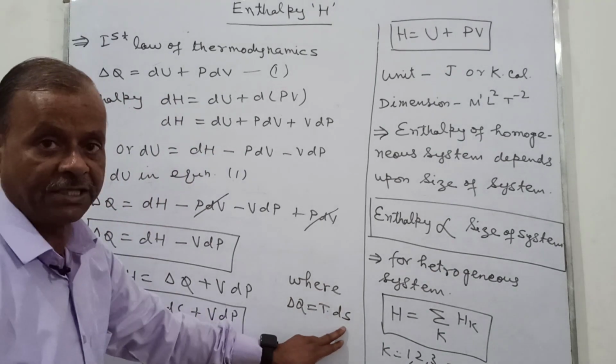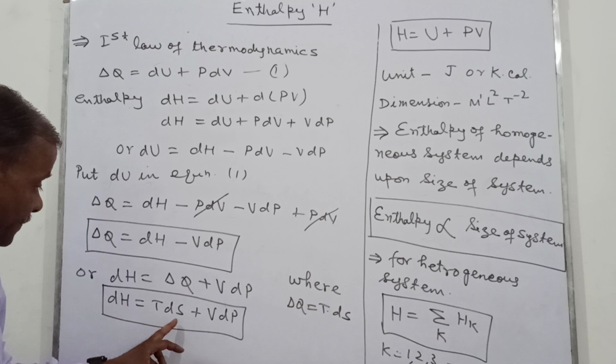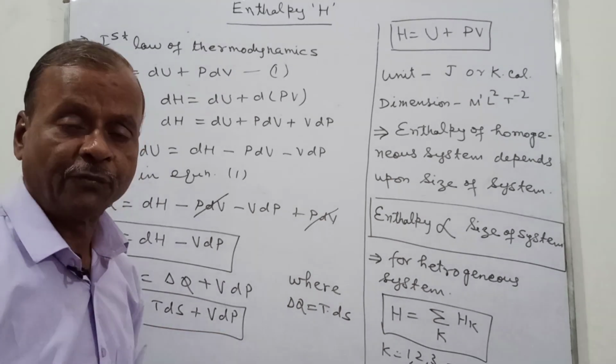The dS is the change in entropy of the system. So this gives the relation between the enthalpy, the entropy and the pressure and volume.